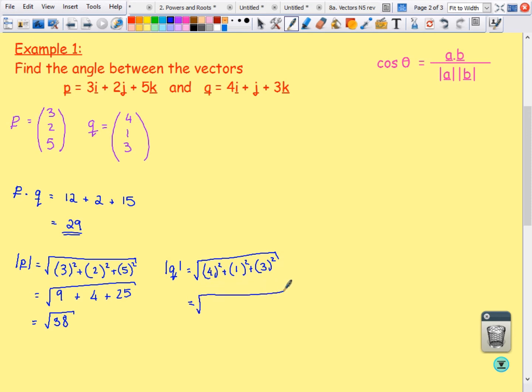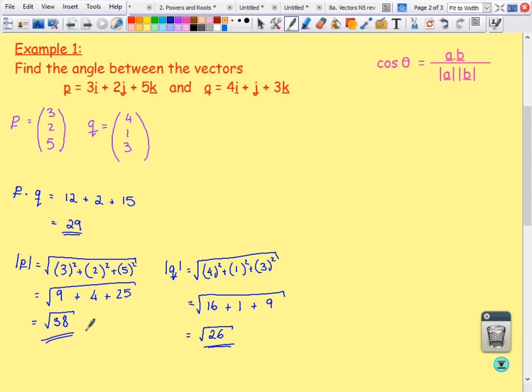So square root of... Right, 4 squared is? Yeah, 1 squared, 3 squared. Add it all up. 26. Yep. So I've not answered the question, I've just gathered all the information I need.